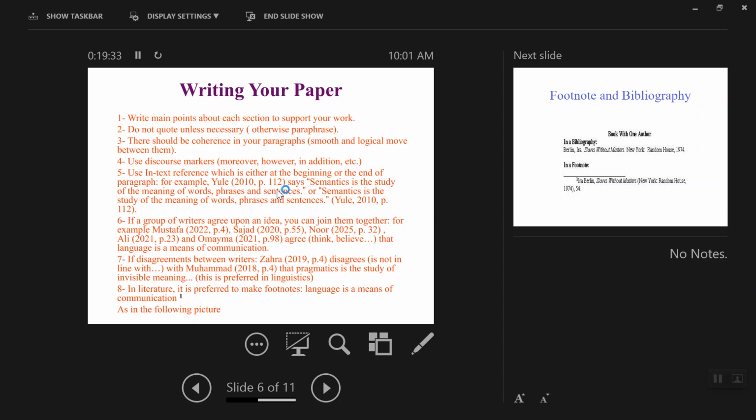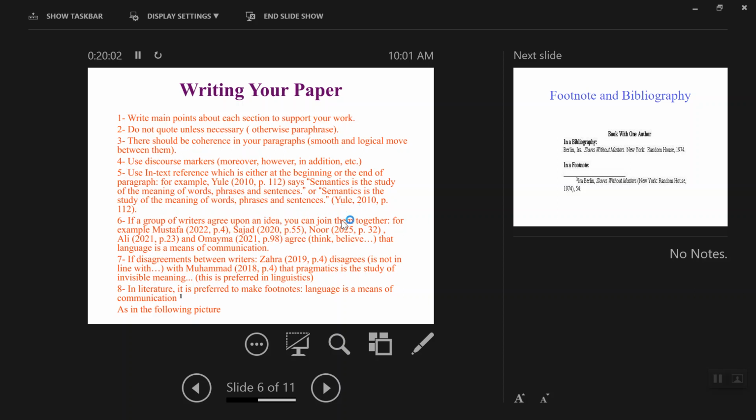Yule, 2010, page, says: "semantics is the study of the meaning of words, phrases, and sentences." Full stop. These are quotation marks. It means that I take something as it is without any change. Or you have a second option, you can do it in this way: semantics is the study of the meaning of words, phrases, and sentences.